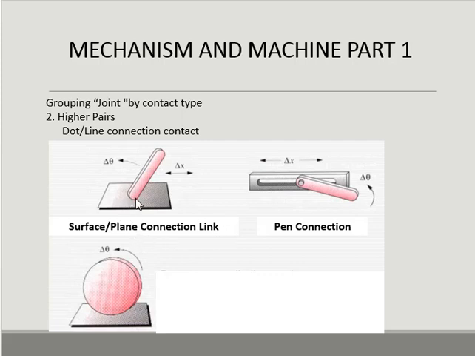The first is a dot connection contact, and the second picture is a line connection contact like this. And the third picture, we can look at a combination of two pictures. This is a combination of dot and line connection, depending on friction which axis.